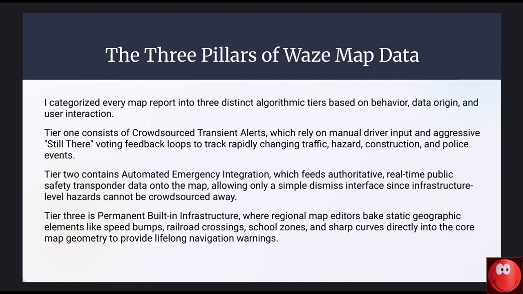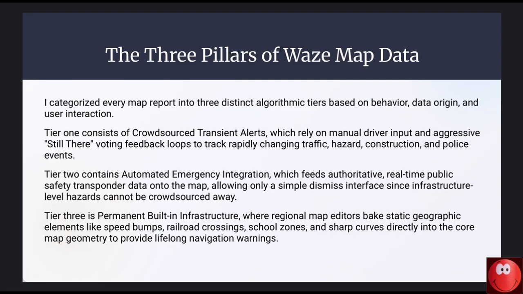Because these situations change by the minute, Waze relies heavily on an aggressive still there or not there voting loop to automatically scrub the map clean when things clear up. It removes it when someone says not there.